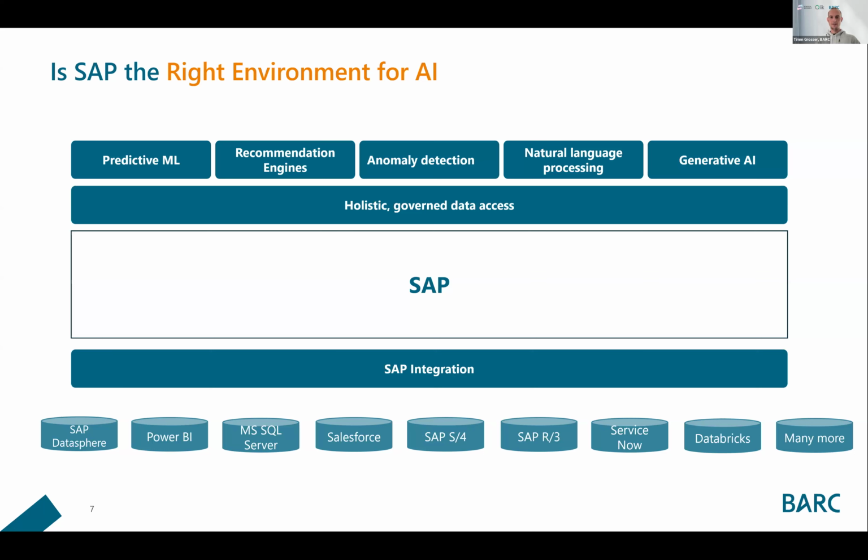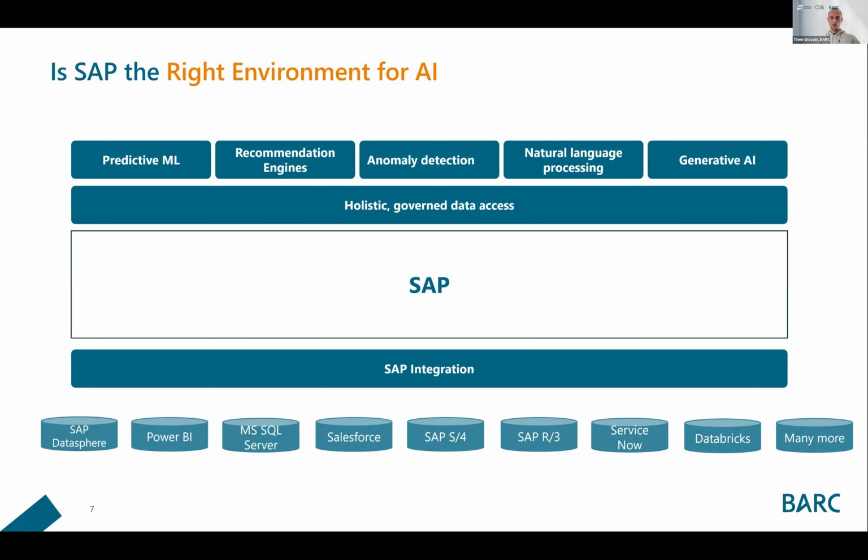Because if we think of SAP, I think it's true that SAP data is super important, super crucial for our business processes and contains a lot of insights and important data that we also need to feed to AI applications. But that's not the end of the story. At the end of the day, we need much more than SAP data to have really valuable AI applications.